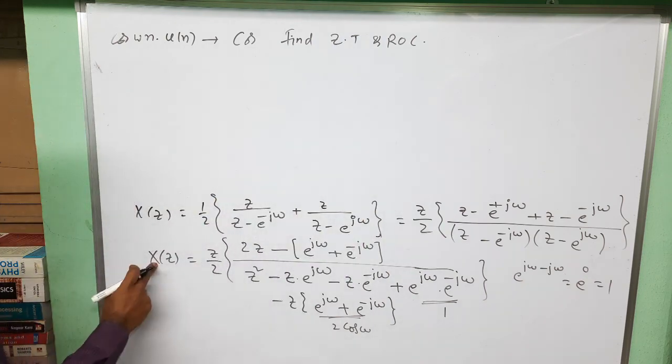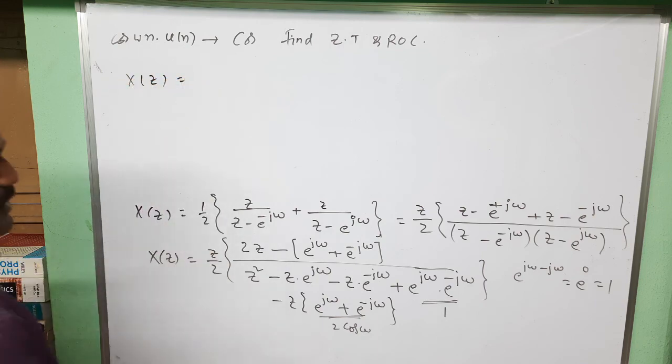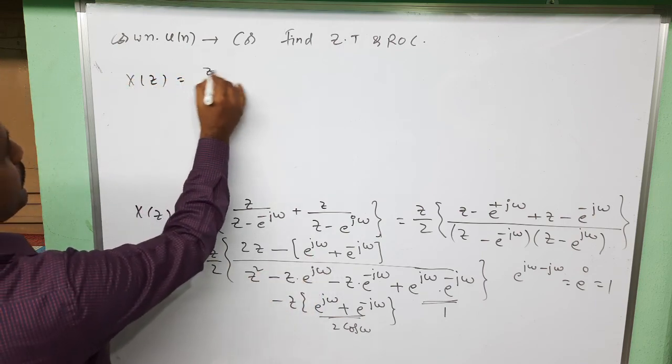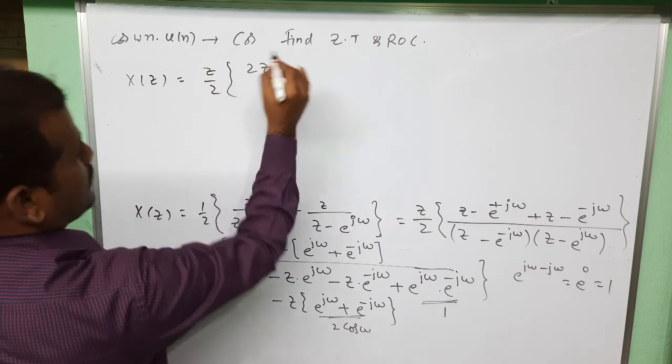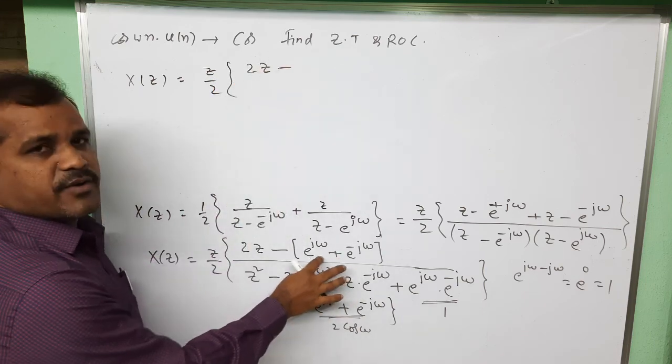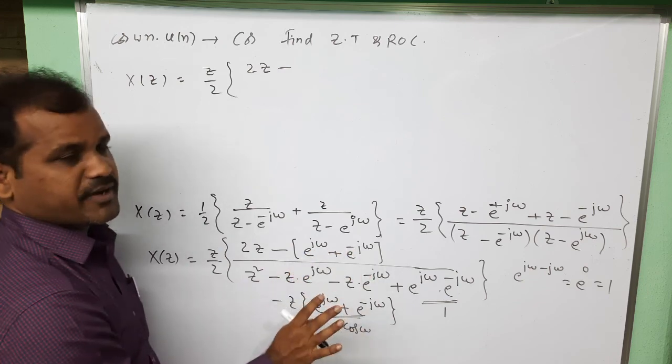So let us write X of z again. We got this term z by 2 and this is 2z minus this term, which we can write as e to the power of j omega plus e to the power of minus j omega, that is 2 cos omega.